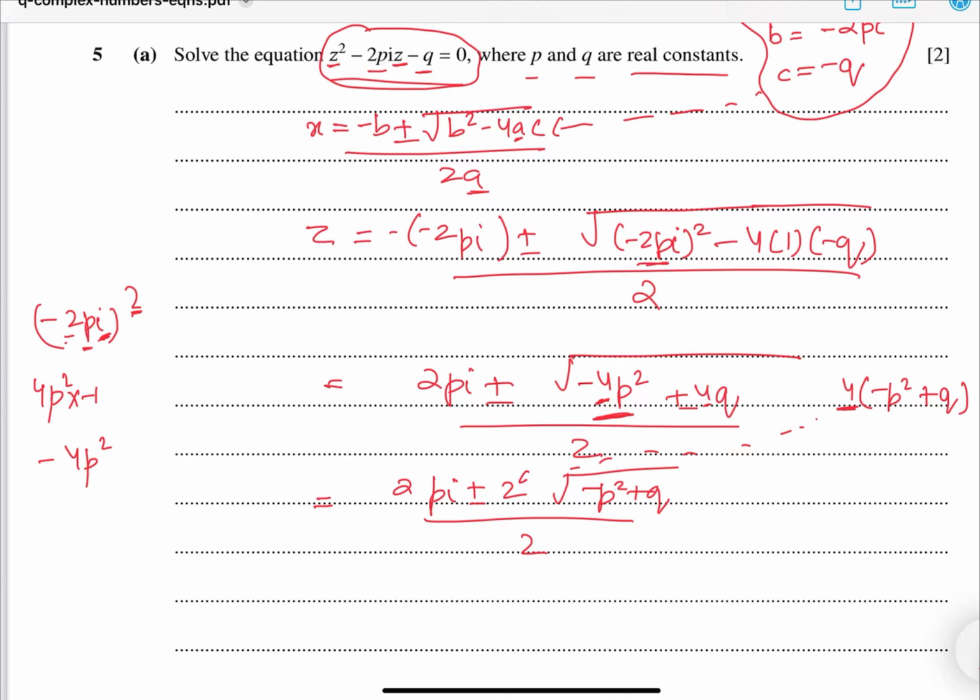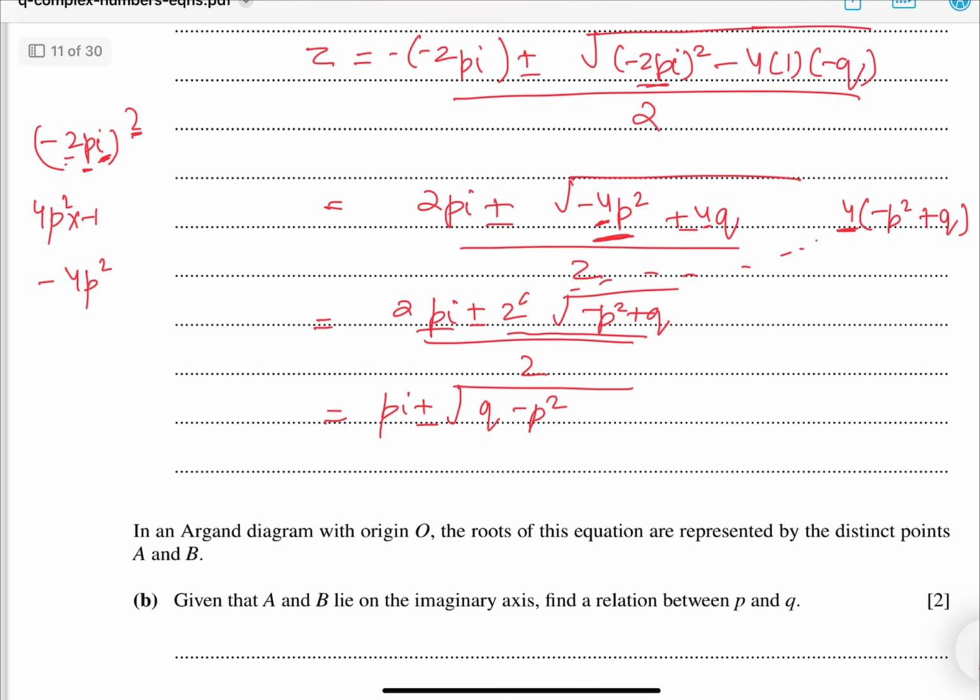Okay. Divide both of these terms by 2. So it will become pi plus minus square root of q minus p square. So our two roots would be pi plus square root of q minus p square, or pi minus square root of q minus p square. This is your answer.